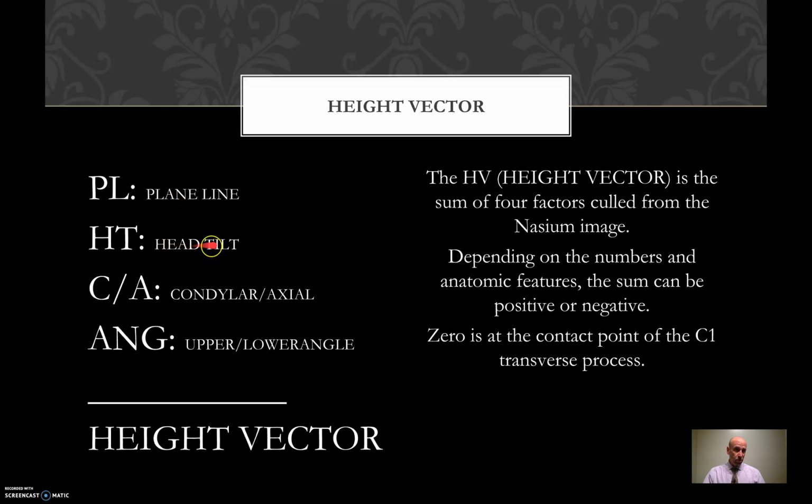In a basic type 1, for example, head tilt is always a 0 factor. The condylar axial ratio is a factor that is always greater than 0. And in a basic type 1, an angles measurement will be always equal to or greater than 0. So you can see that for a basic type 1, the height vector will come out as a positive value.